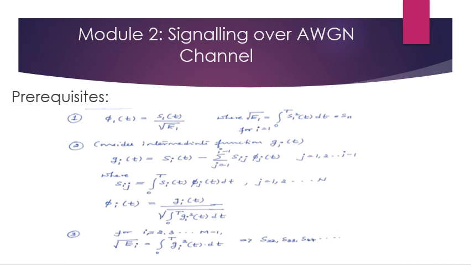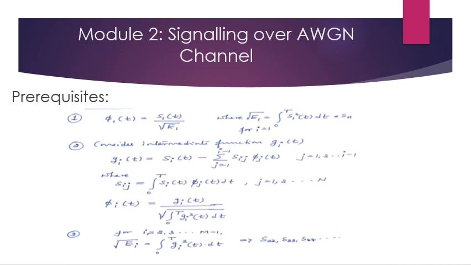And the second formula: consider an intermediate function gi of t, where gi of t is defined as si of t minus the summation of j equals 1 to i minus 1 of sij phi j of t, where j is defined as 1, 2, 3 and so on up to i minus 1, and where sij is also defined as the integration from limits 0 to T of si of t phi j of t dt, where j equals 1, 2, 3 and so on up to N. Also phi i of t is defined as gi of t divided by root of the integration from 0 to T of gi square of t dt.